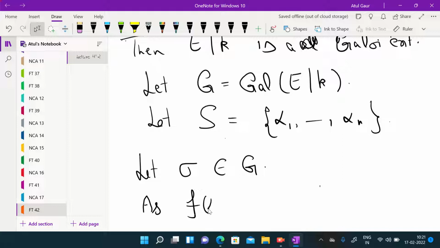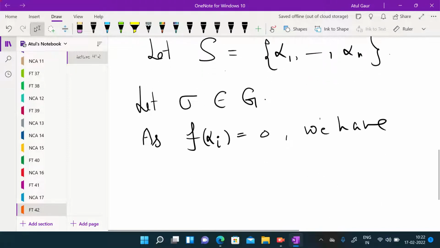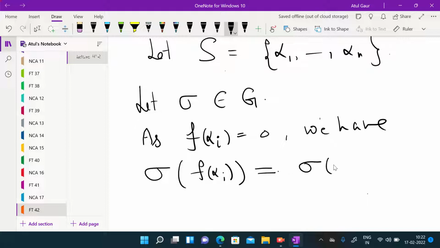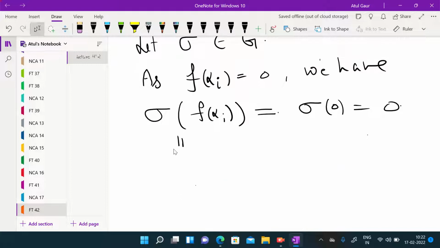So as f(alpha i) is 0, we have sigma of f(alpha i), which is the same as sigma of 0, which is 0 on the other side because the coefficients of f are coming from K. So when you apply this sigma, and sigma is a field automorphism, so it preserves addition and preserves multiplication.